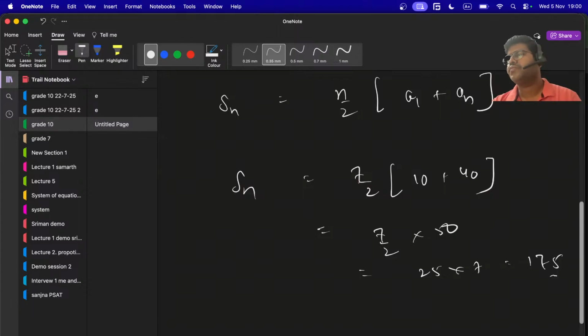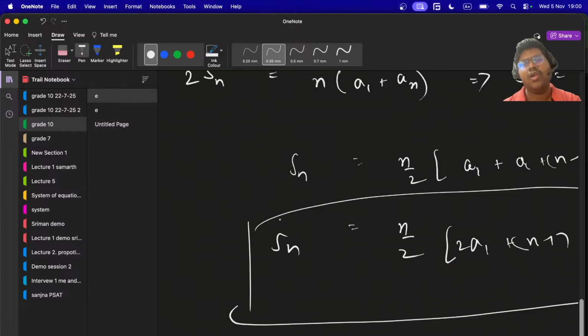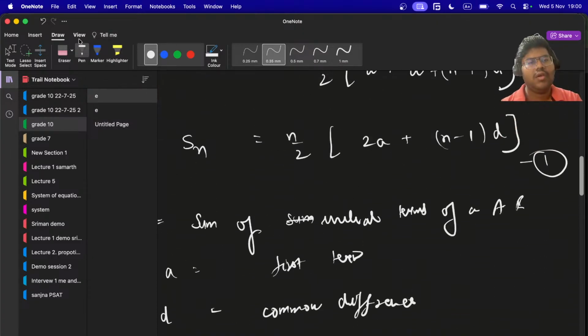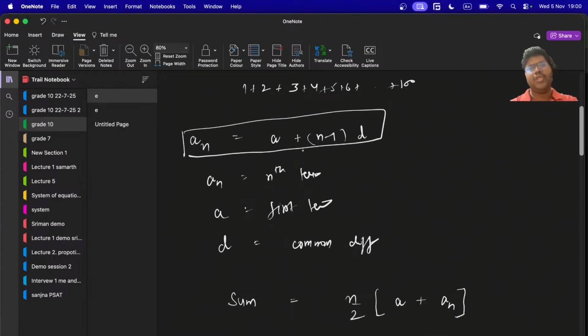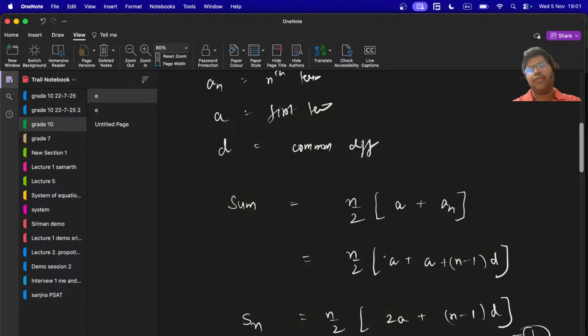I hope the idea of the sum of the series is clear. Let us recall all the things which we have done in the lecture. We firstly defined what the nth term would be. Then we defined the sum formula.